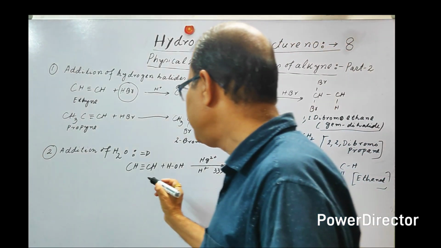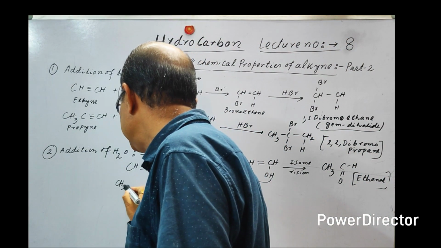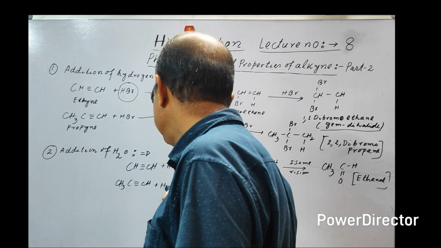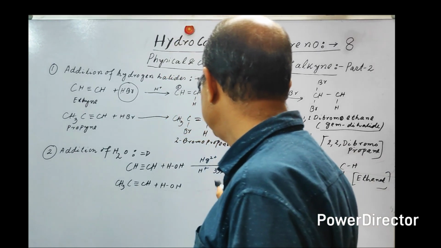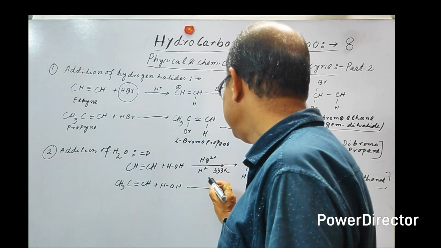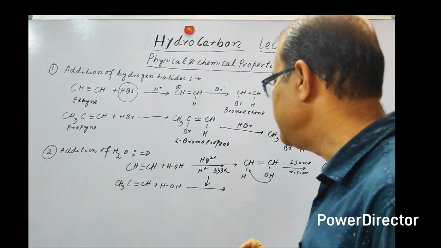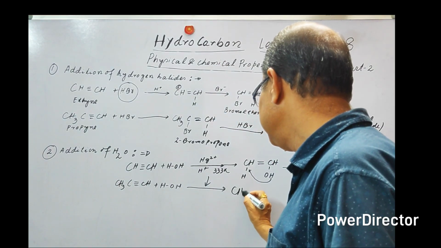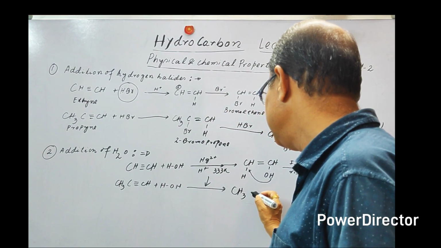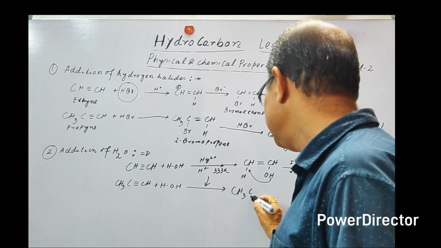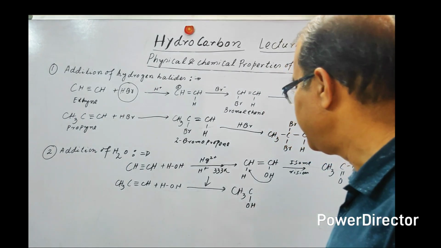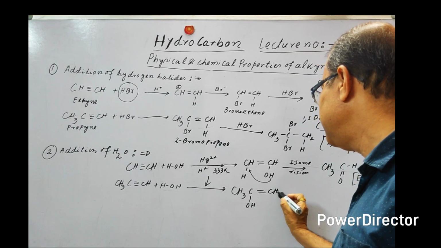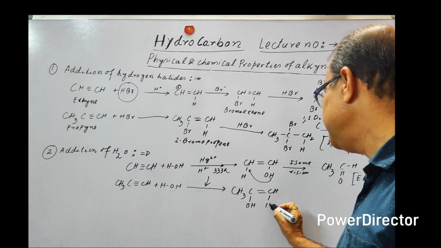Now if it is propyne, CH3C≡CH, then what is going to happen? Let us see. The reaction condition will be the same as before. So here also you can see there will be addition of this here, CH3, OH will be added here as per Markovnikov rule and hydrogen will be here.